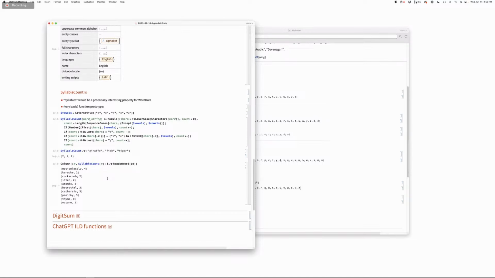Actually the name would probably be text syllables, just like we have text words.